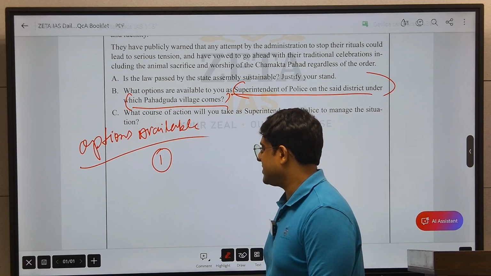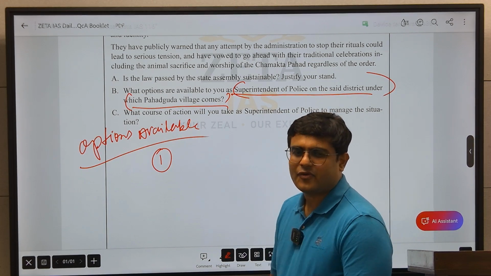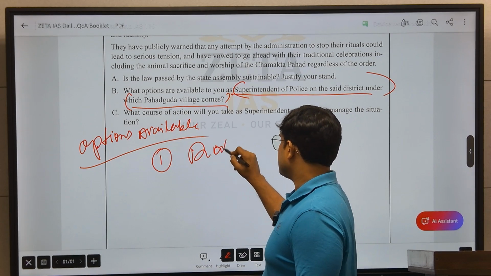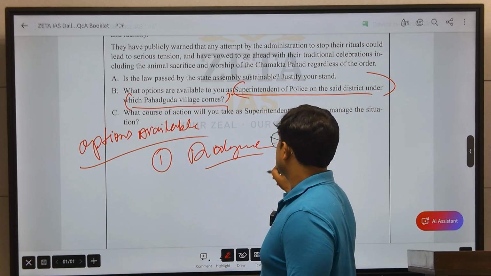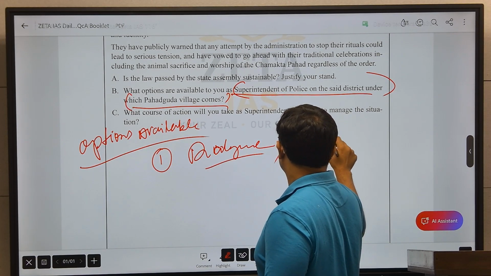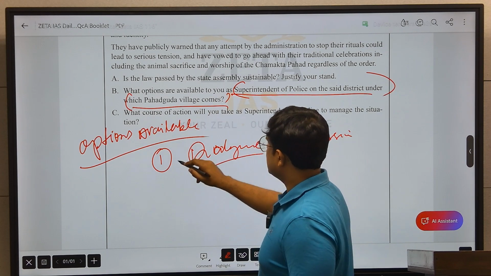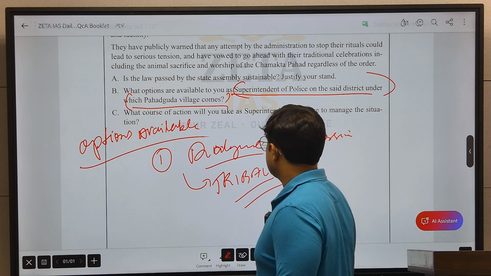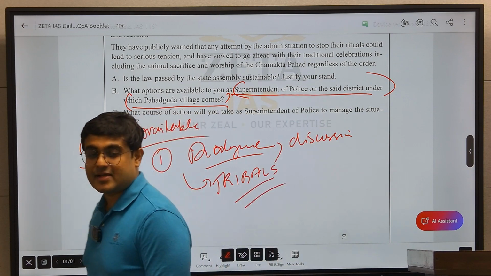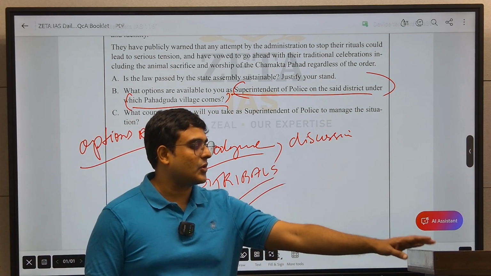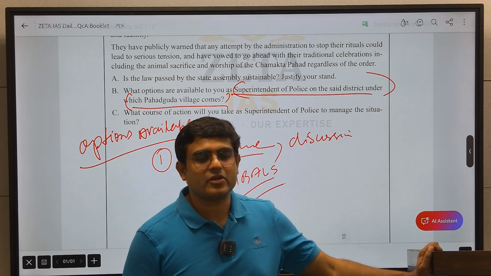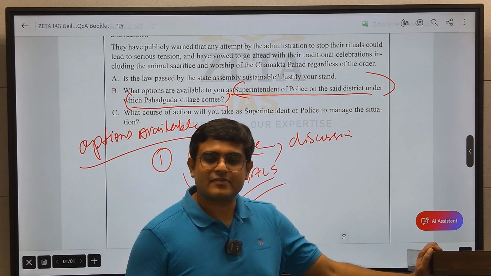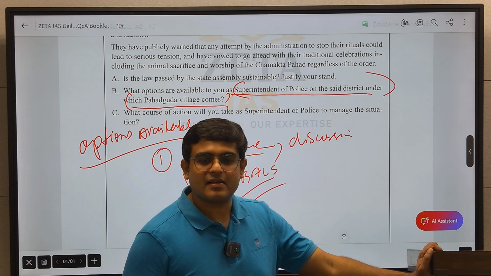First option can be, yes, try for a dialogue, discussion with the tribals. Or first write that as a civil servant, it's not only your responsibility to implement laws, but at the same time there is civil services neutrality as well.